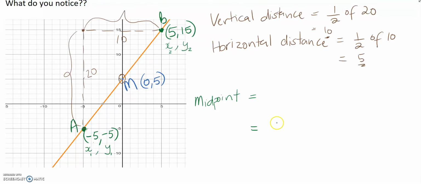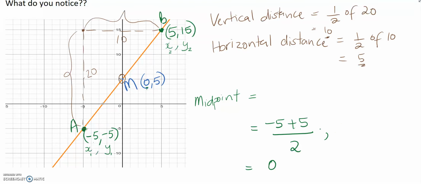We've taken the 2 x coordinates, -5 and 5, and added them together, and then because it's halfway, we've divided by 2. -5 plus 5 is 0, 0 divided by 2 is 0, and that is that point 0.